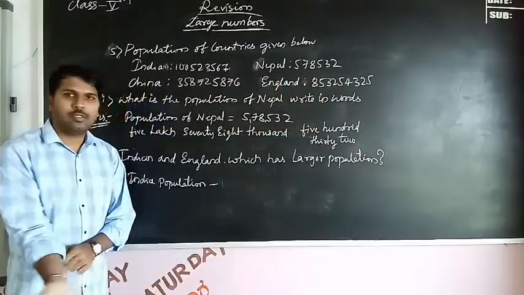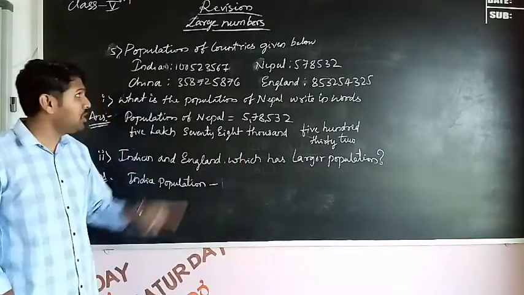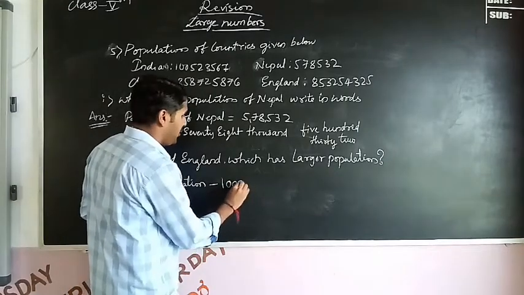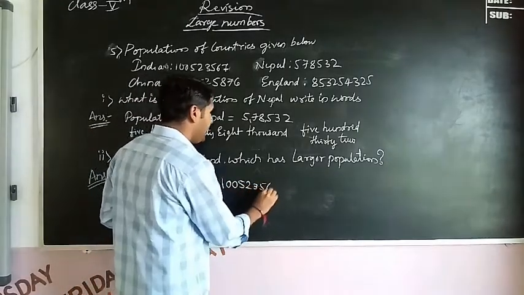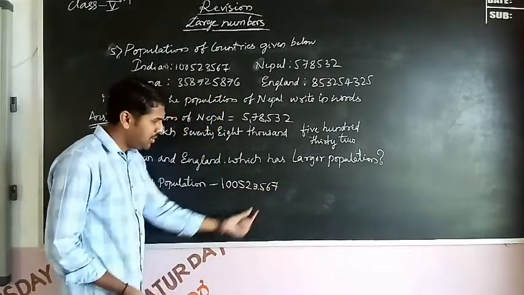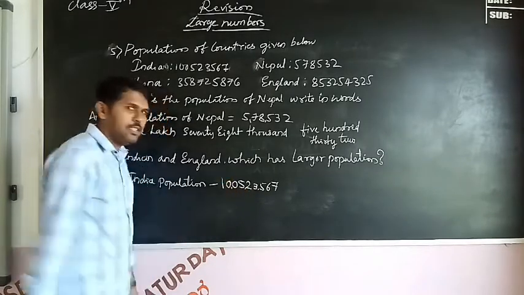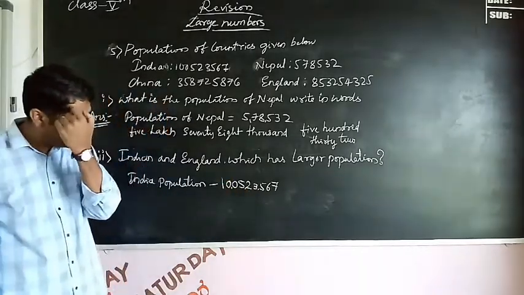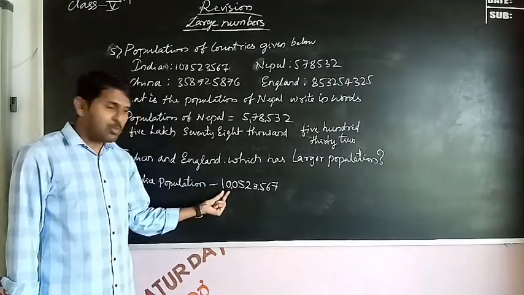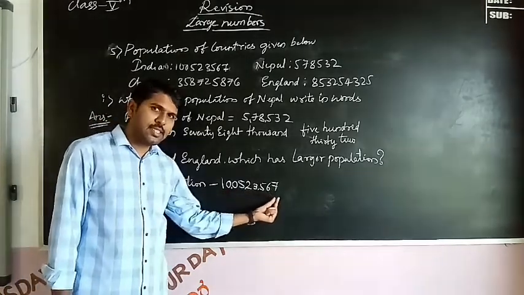Okay. The second one: India and England, which has a larger population? First India's population. Write down the number 100523567. First place the commas in the Indian system. The first comma comes after 3 digits, next 2 digits, 2 digits. So what is this number? This is 10 crore 5,23,567.